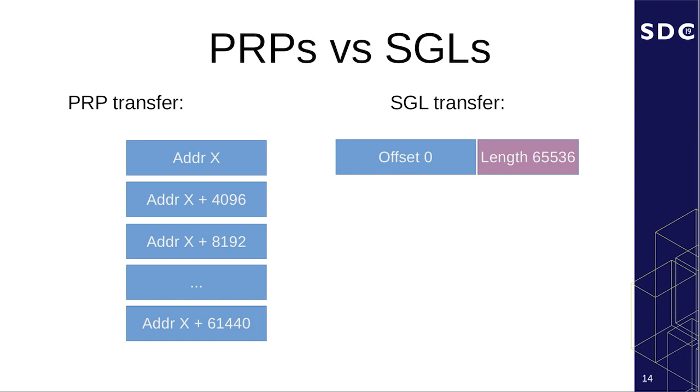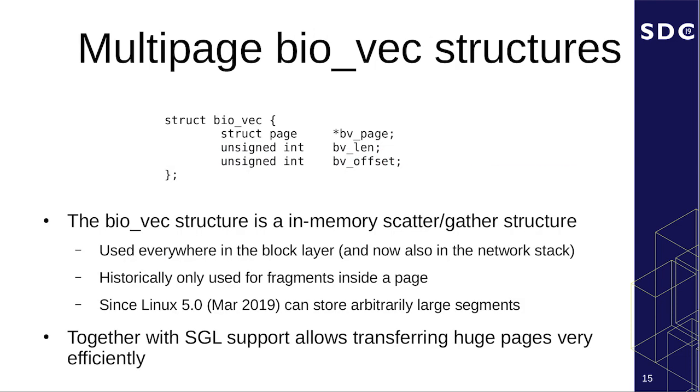With scatter-gather lists, on the other hand, you have exactly one entry. So there's one start address and a length field, and that really helps generate much more efficient I/O as soon as they get larger than a page or two. And I think that's about the threshold we have, right? 16K or 32K? Yeah.